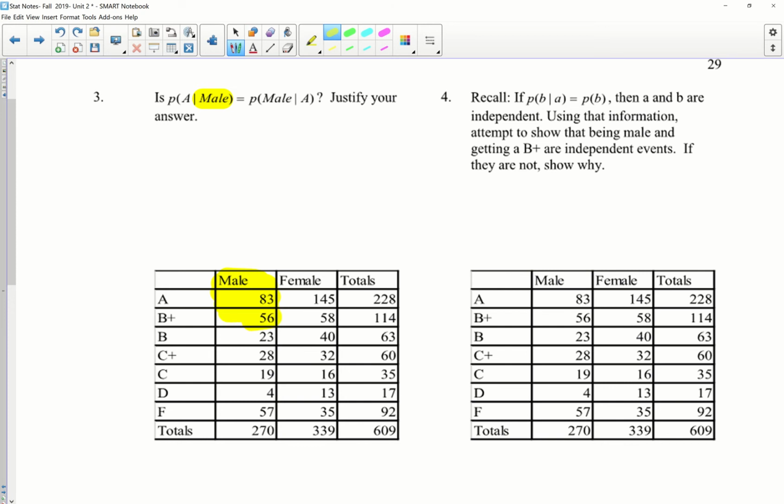So I'm going to highlight the males. All right, so the males, we have 270 of them. Same data set, so same total.